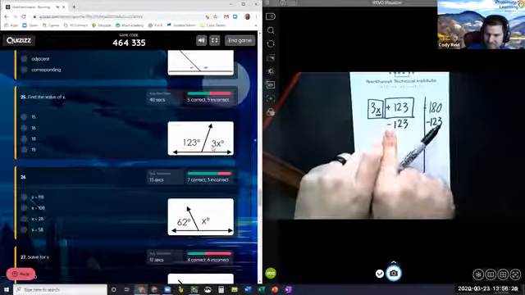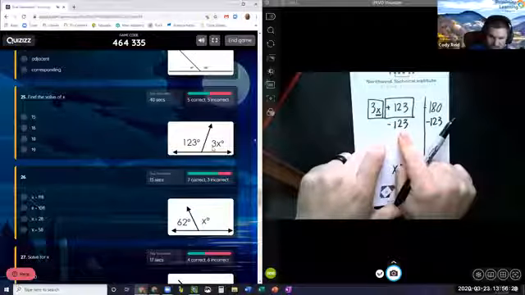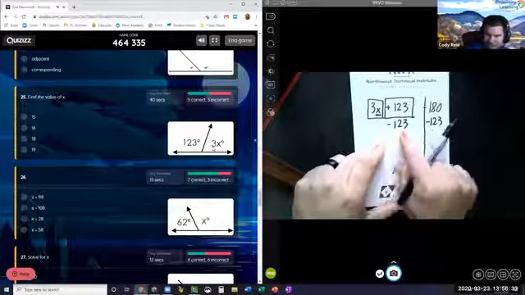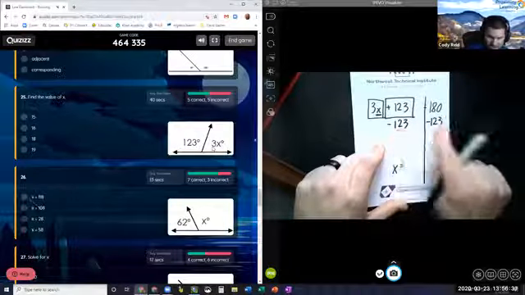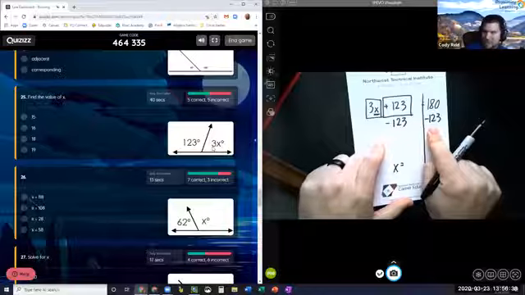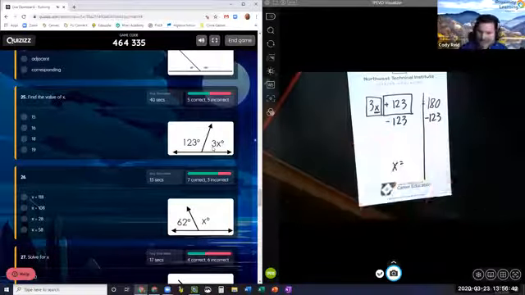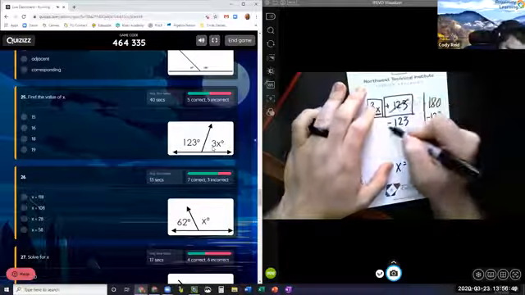The opposite is subtract, like cause and effect. Good, Ryan. This is our action, this is the opposite, and what we do to one side, we have to do to the other. We can't simply just get rid of it, otherwise it messes up the entire problem. So those cancel.